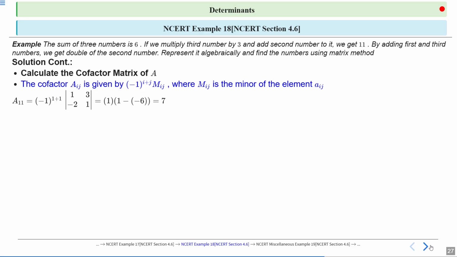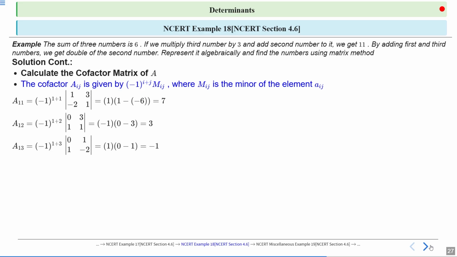Now we calculate cofactor A11, that is (-1)^(1+1) times the determinant of 1 3, -2 1. When we calculate the determinant of this, we get 1 into 1 minus -6, that is 7. Cofactor A12 is (-1)^(1+2) times the determinant of 0 3, 1 1, that is 3.